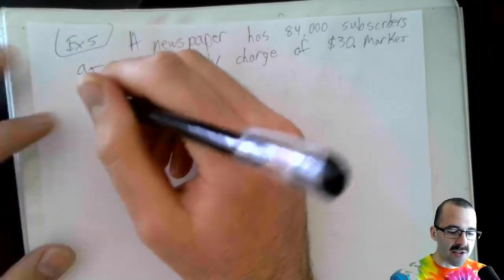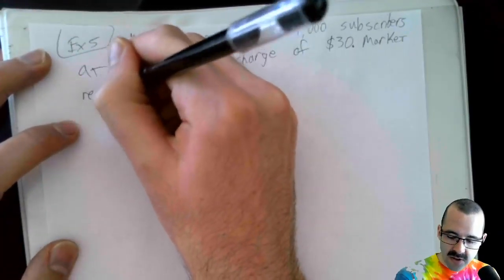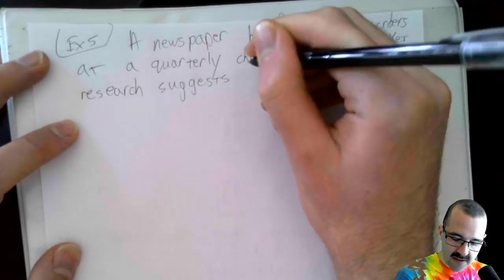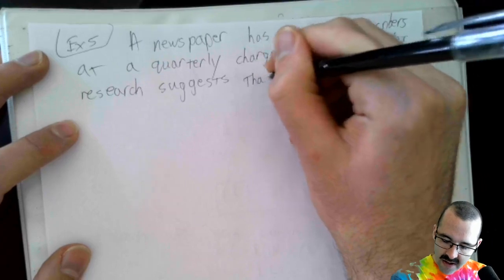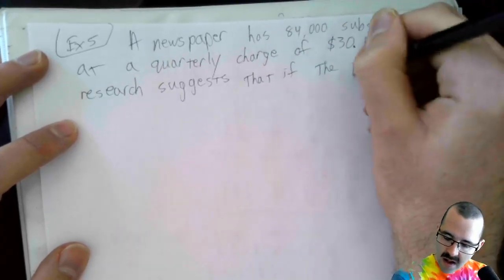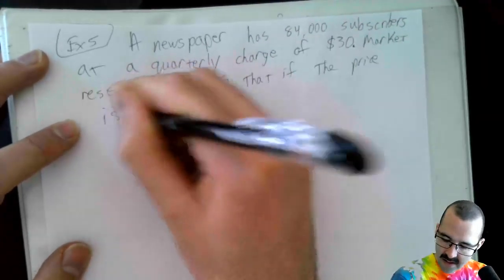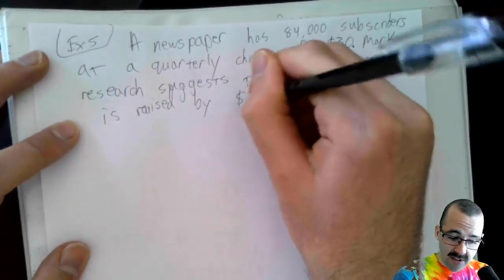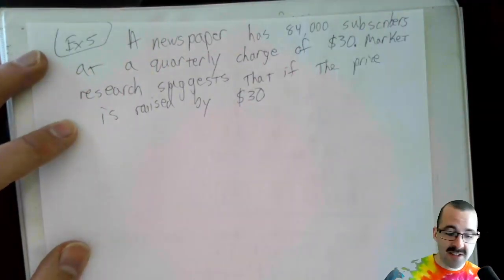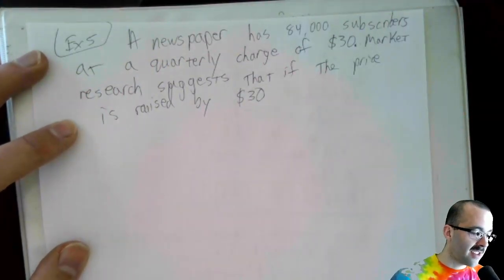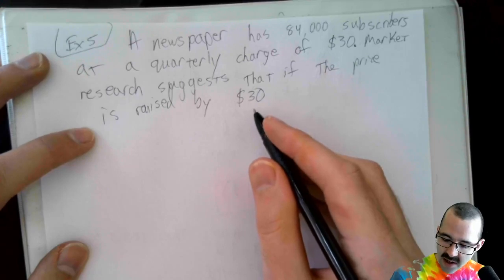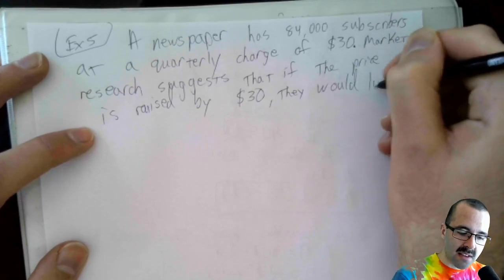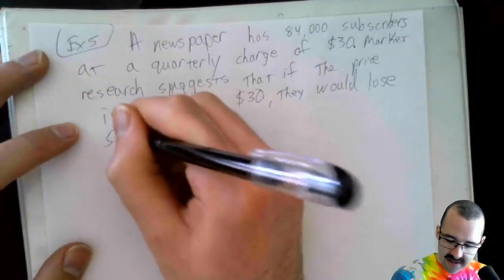Specifically, what their consultant told them is that market research suggests that if the price is raised by $30, so if they double their subscription cost, they would only lose 5,000 subscribers.